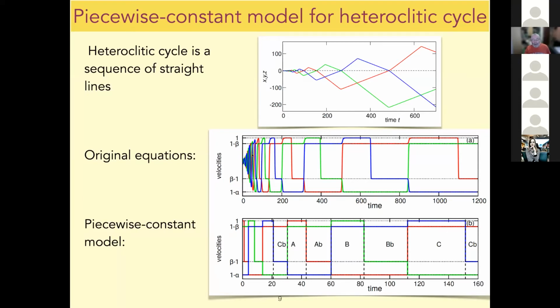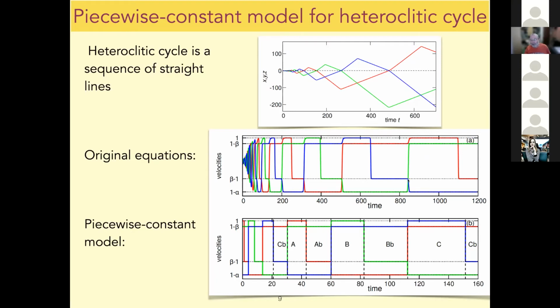Here I show the same velocities in the original equations, as the trajectory approaches the heteroclinic cycle. Initially, when you are far from the heteroclinic cycle, the correspondence is rather bad, with more or less smooth oscillations. But in this domain there is a very good correspondence between the two, except maybe for this small domain where it is switching.